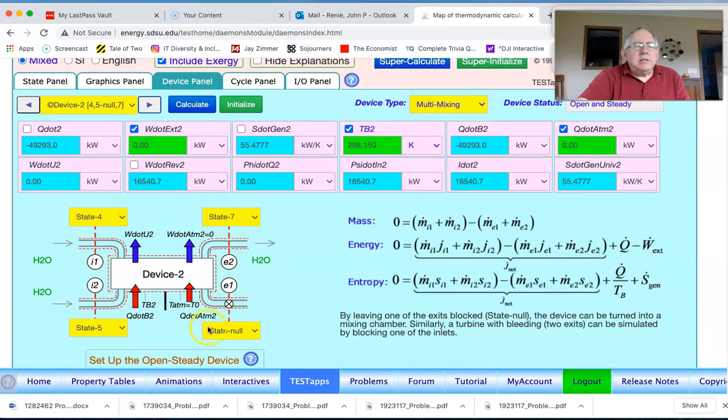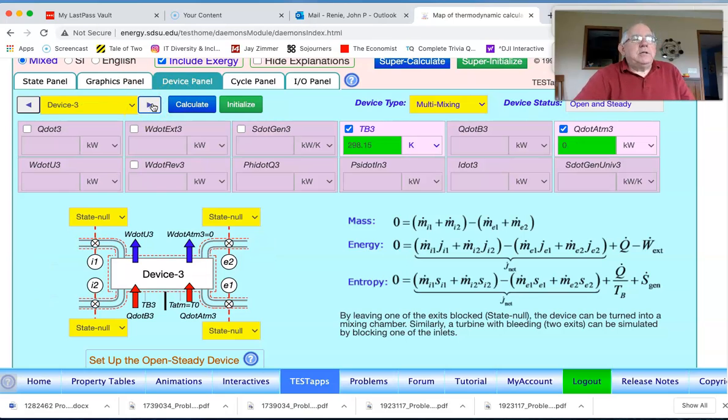And so this is what's happening in that process heater. In this particular process heater, there is no work being done, but there is heat transfer, and we see how much heat transfer is pulled away in the process heater itself. Then we can go to device 3, which we need to add.